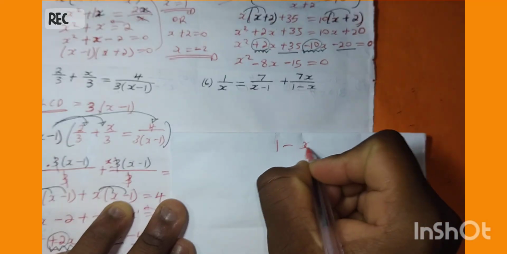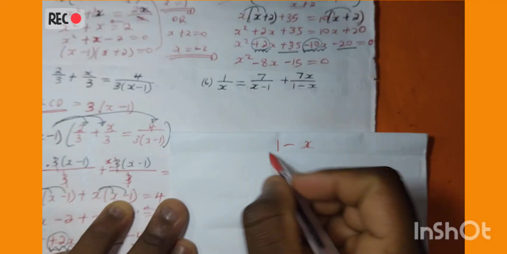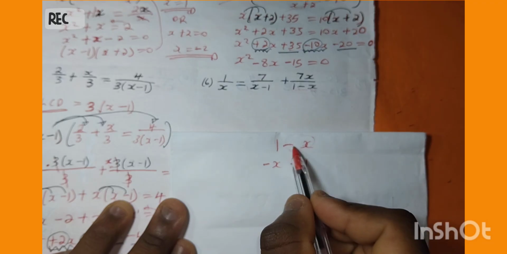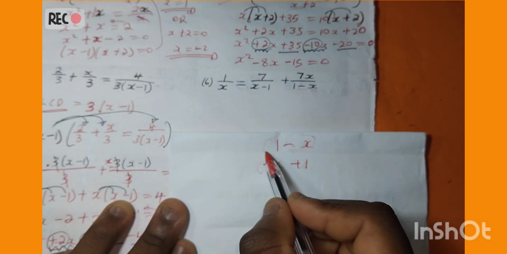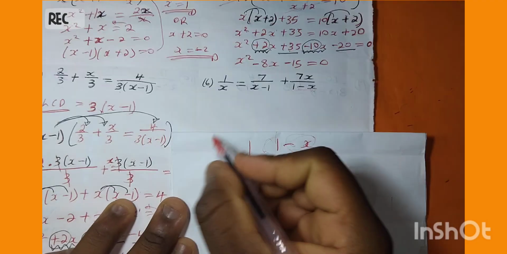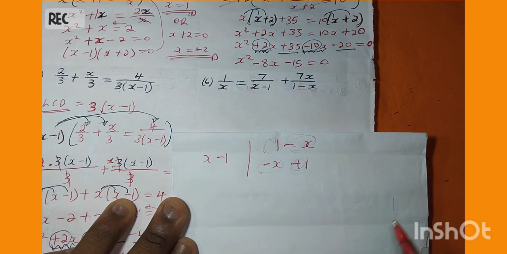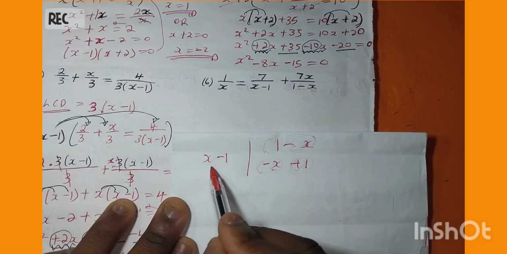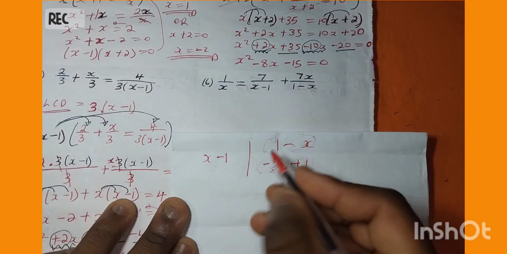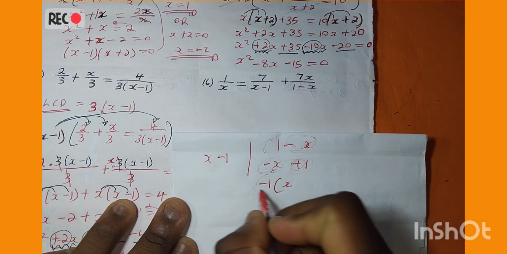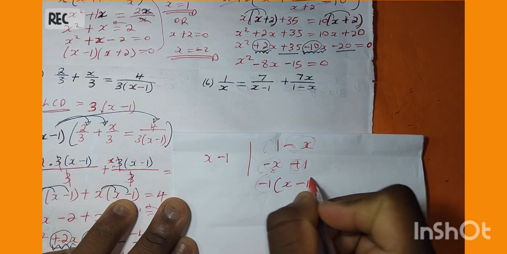If I rearrange in that form, it will become minus x plus 1, because this thing is minus x and that thing is positive 1. And this one on the other side is in a form like this there. These two things, they are different with signs. Meaning here I should take negative 1 as a common factor. This will divide it, become positive. This divider will become negative there.